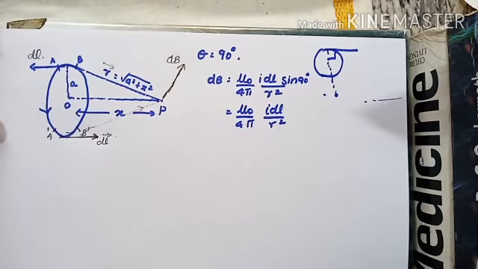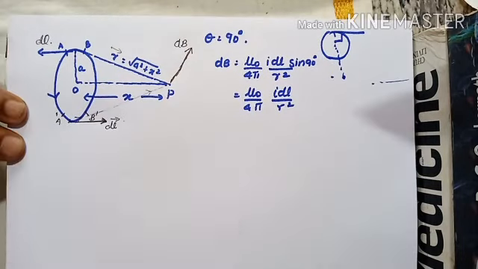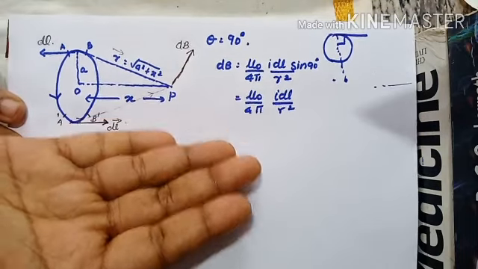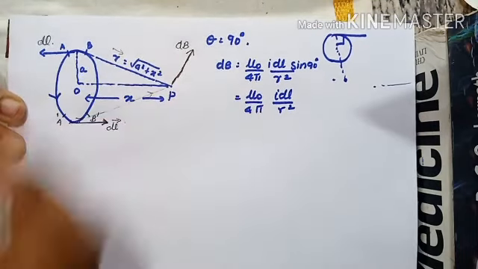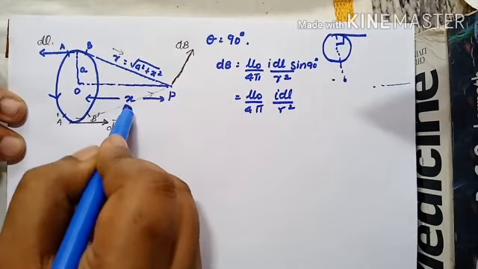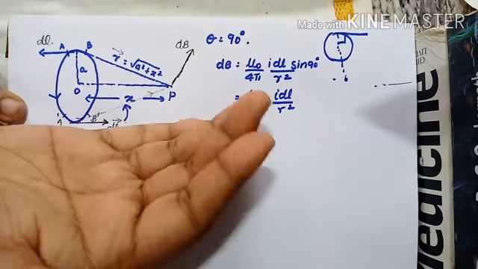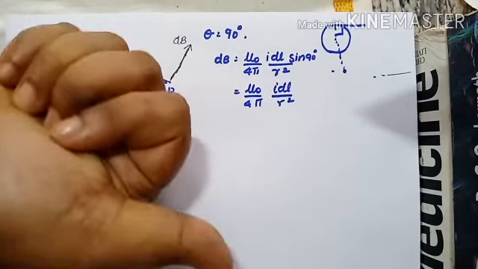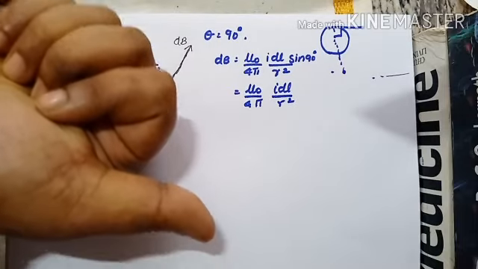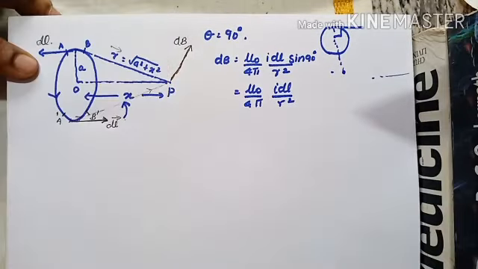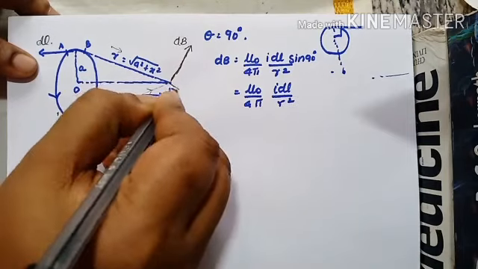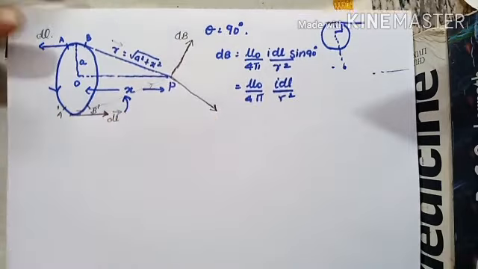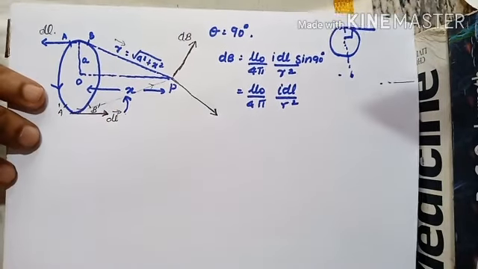Turn your fingers just like earlier, keeping your fingers in the dl direction and turning in the direction of r. Which direction is the thumb? I'm going to bring it towards the video. See, in this direction, so my dB is in this direction. Pause the video, try to understand how it has been made, guys. Clear?